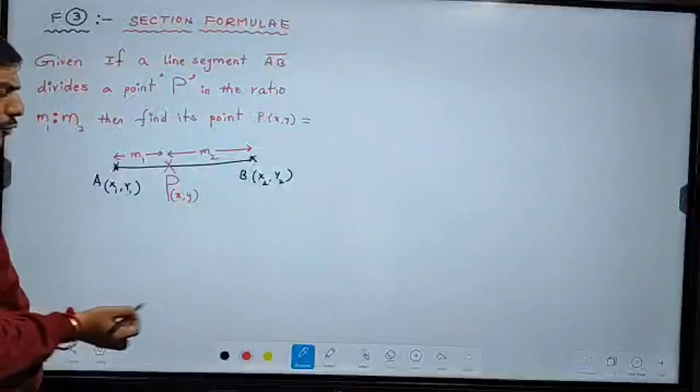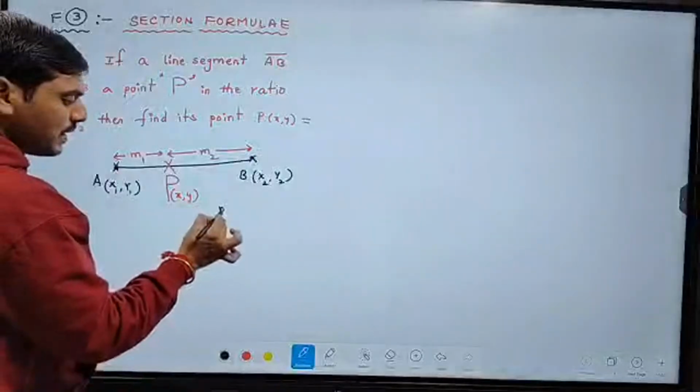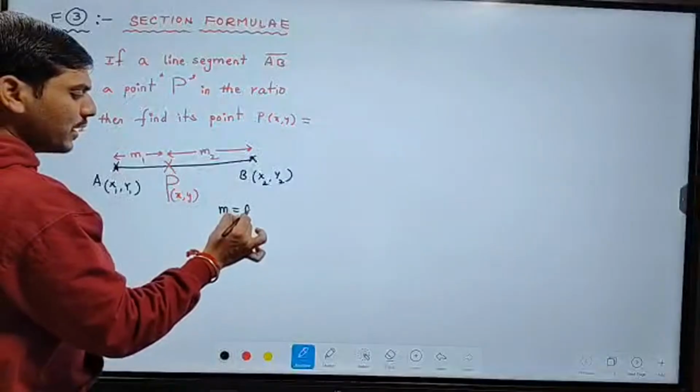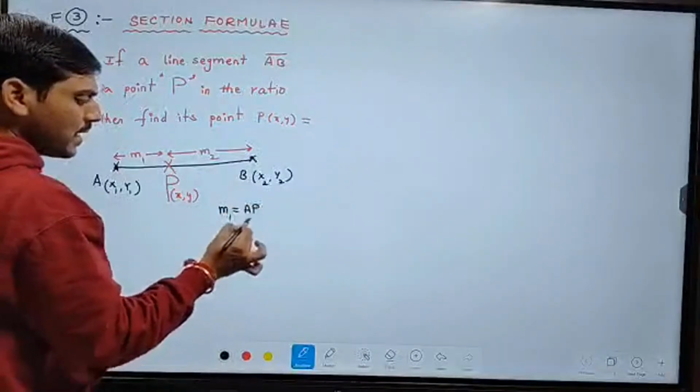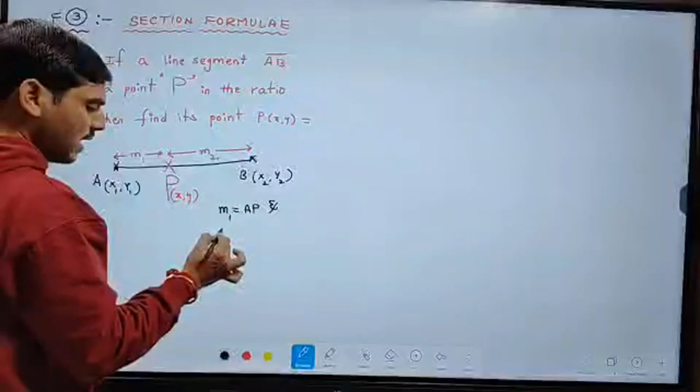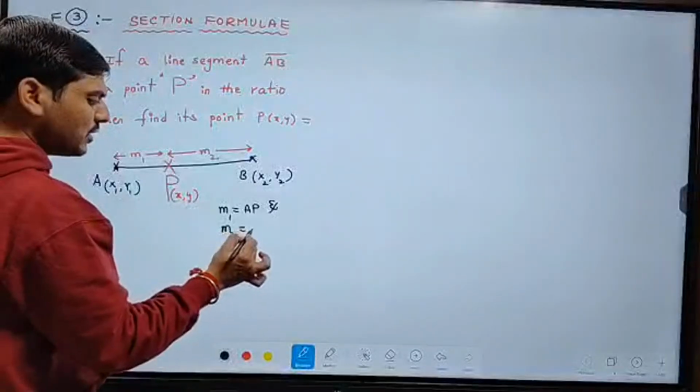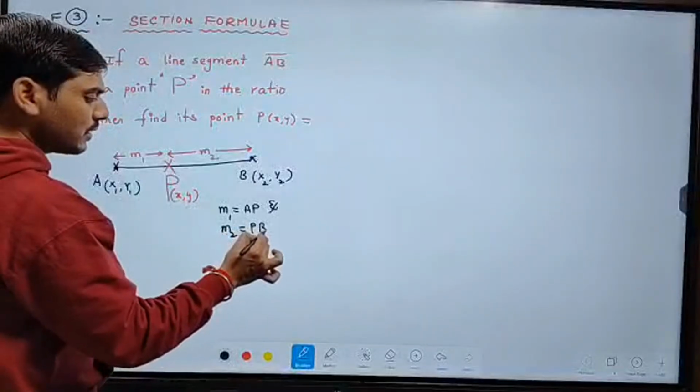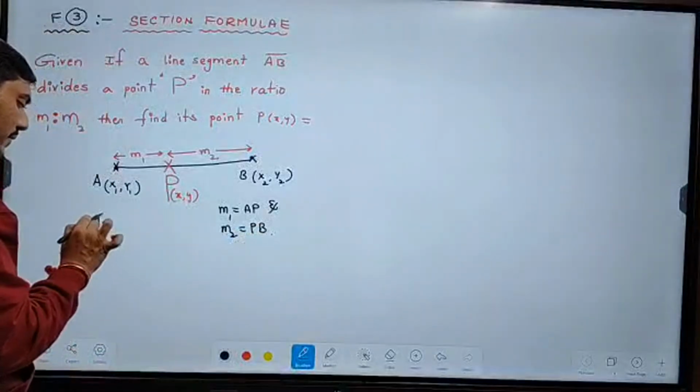What is m1? What is m2 here? Please, students, m1 is equal to the AP distance and m2 is equal to the PB distance from the diagram.